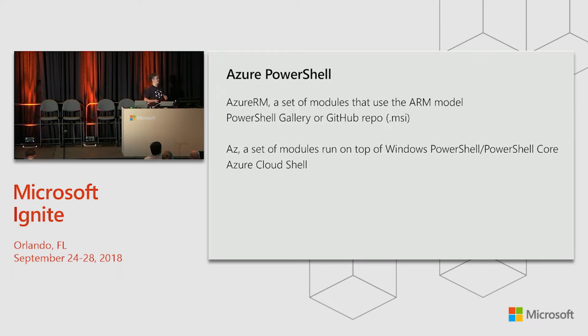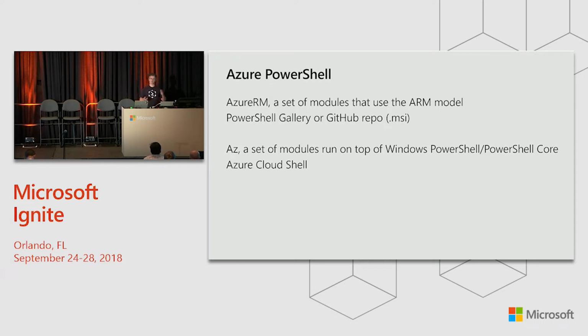We also have something new called Az, which is a set of modules that can run on both Windows PowerShell and PowerShell Core. It's available to you when you work in the Azure Cloud Shell environment. And it's very new. It's still version 0.20. The way it works is that they also change the prefix for cmdlets, but they enable all the aliases.